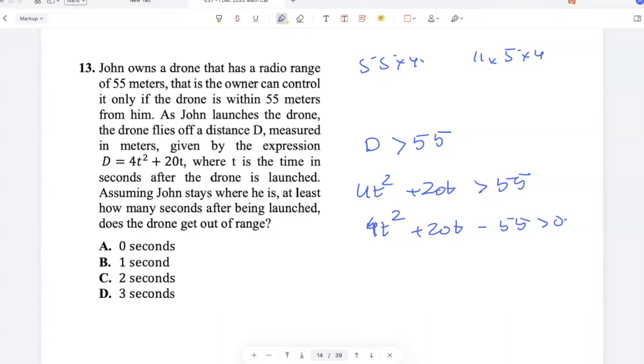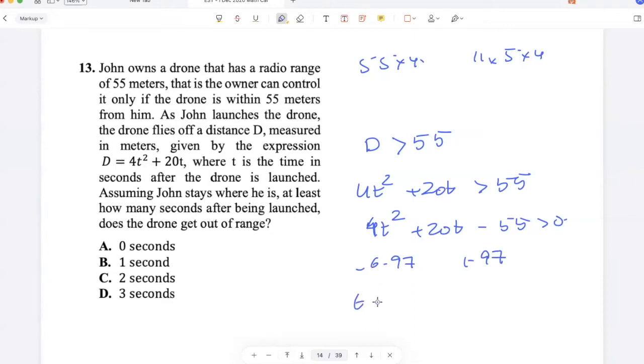What is the next expression? 20t and minus 55. Okay. So minus 6.97 and 1.97. So those are my roots.